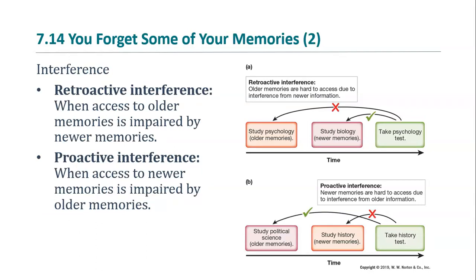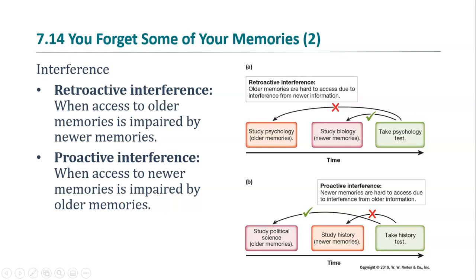Sometimes information that we're learning at different times can interfere with what we're trying to remember. Now, there are two kinds of interference. There's retroactive interference and there's proactive interference. Retroactive interference occurs when older memories are hard to access because you have new information.